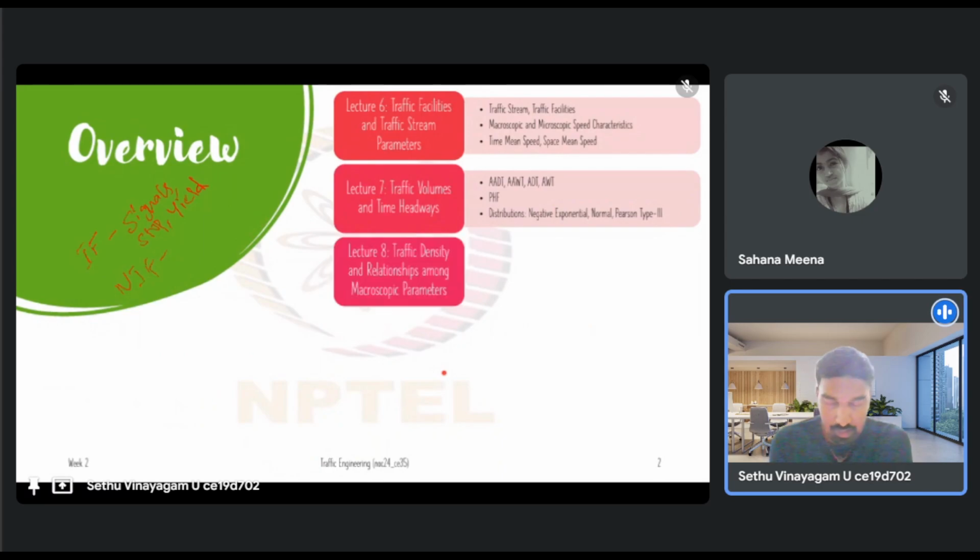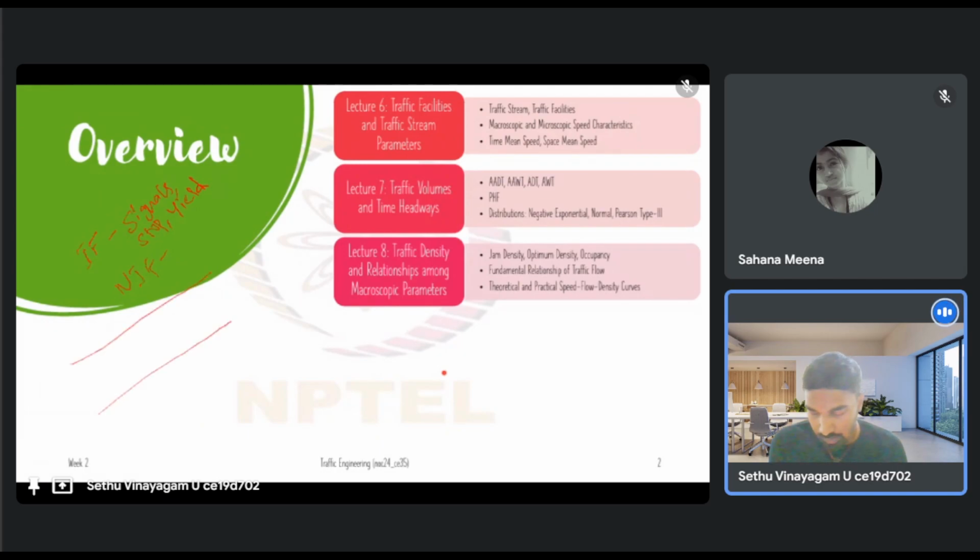Okay, so then in the third lecture, we looked at the traffic density and the relationship among the macroscopic parameters. When we talk about density, what is density? Density is basically the number of vehicles that are occupying the roadway at a given point in time. So you have the road and a number of vehicles when you look at a particular time and a particular section.